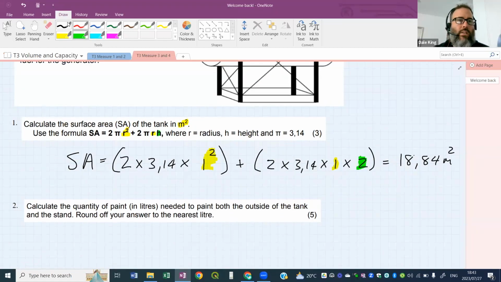Now, I know what you're asking. Sir, if you want us to convert from volume to capacity, you got to give us a conversion. You're absolutely right. Let me give you a conversion now. This question doesn't have it. All right, hold your horses, I'll be with you in a second.